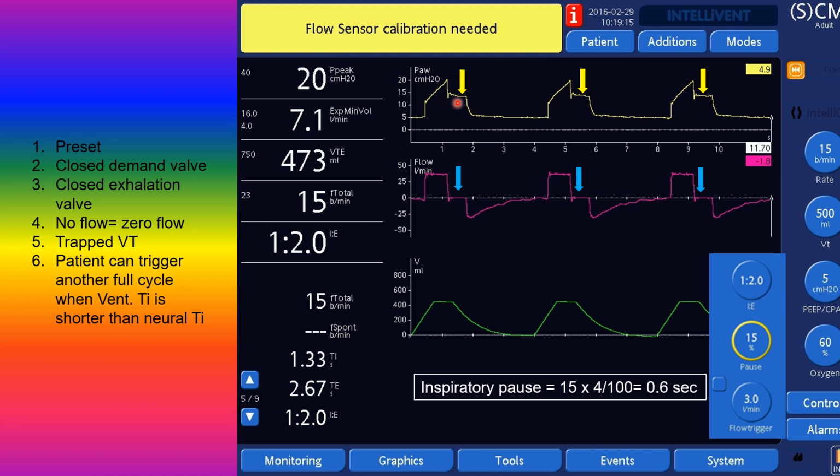During this inspiratory pause, flow is zero and the tidal volume is trapped, and this forms the plateau pressure, or the alveolar pressure, of this trapped tidal volume. Through this plateau pressure we can measure the total respiratory compliance.